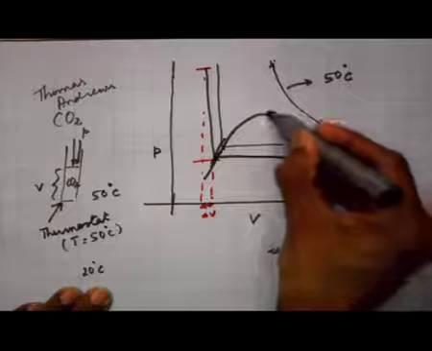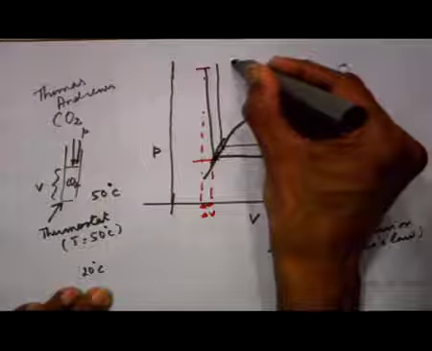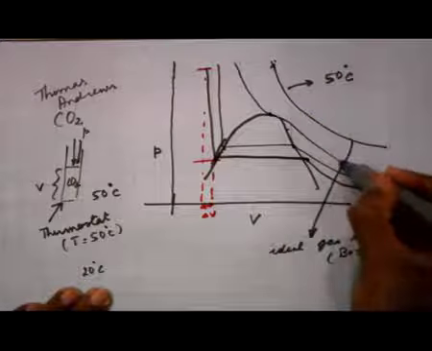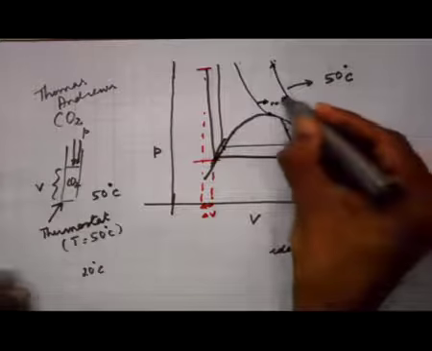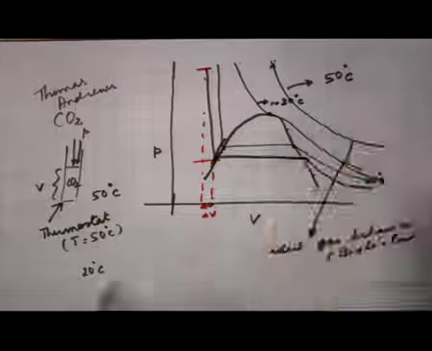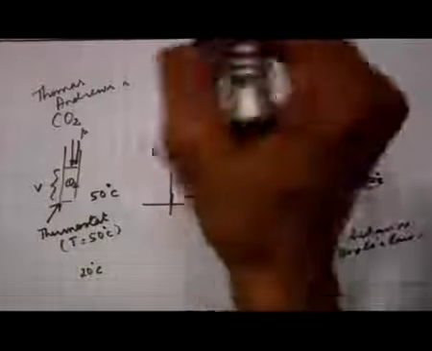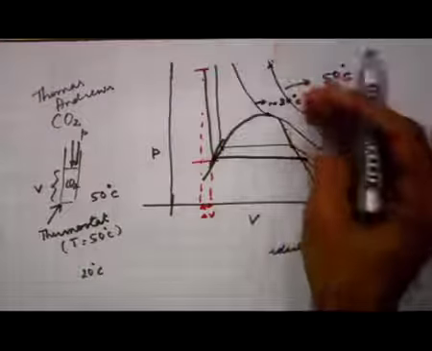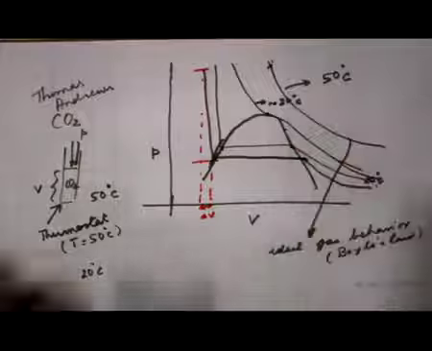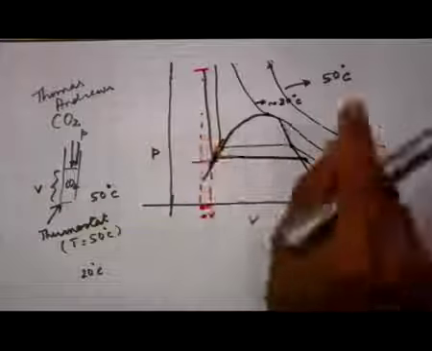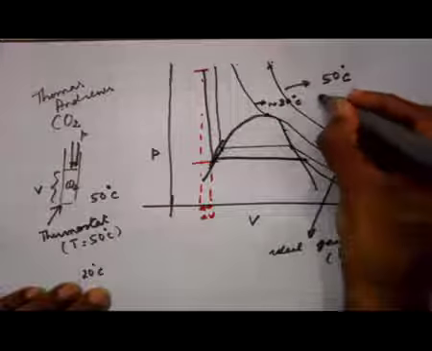Above a certain temperature, somewhere around 30 degrees Celsius, a little above that, 31 or so degrees Celsius, no matter what you do to carbon dioxide, it will never form a liquid. This temperature above which you cannot liquefy just by the application of pressure is called the critical temperature. So, this point here is called the critical temperature.